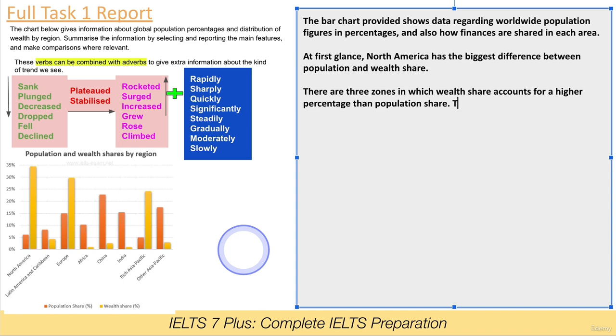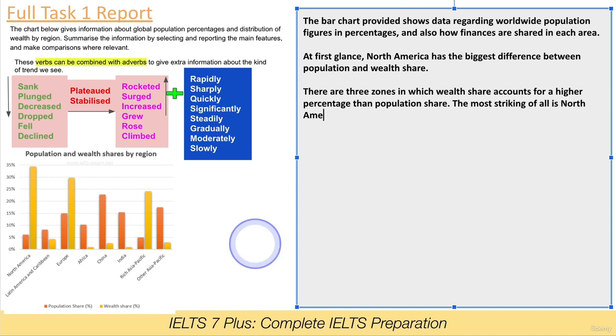Okay, so let's talk about North America because this is the biggest. We've noted that already in our overview. It's the most striking one. So we can say the most striking of all is North America.